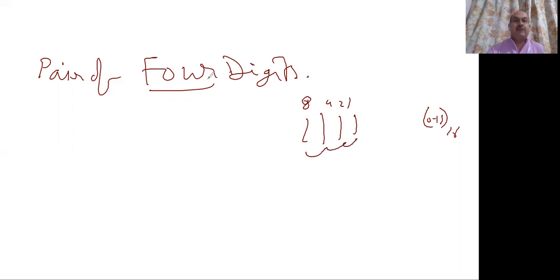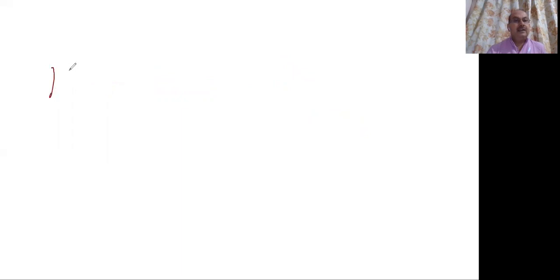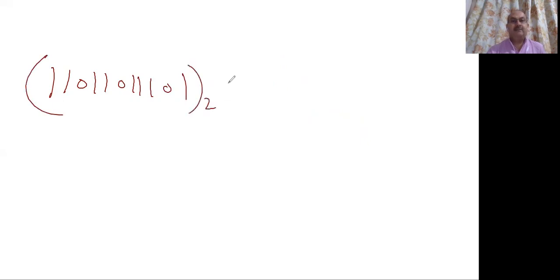That is why we take pairs of 4 digits. Let us take an example. Just randomly I am writing something, and let's try to convert it into a hexadecimal number.